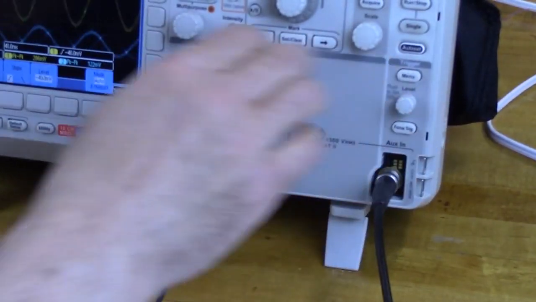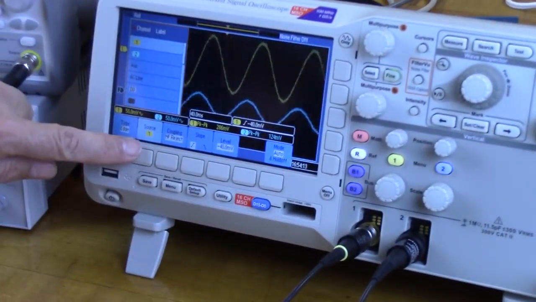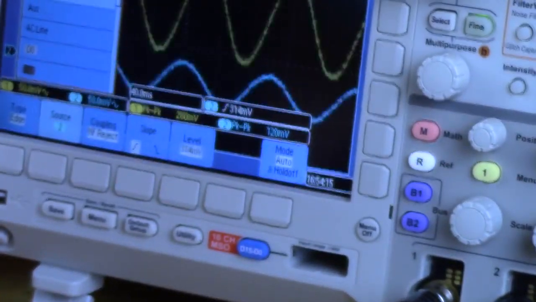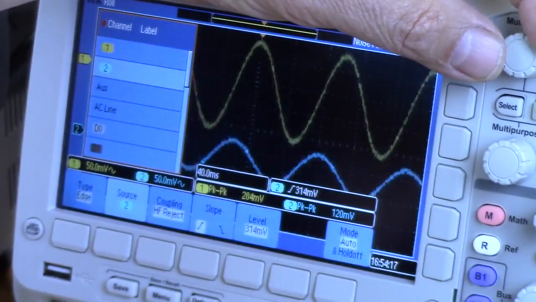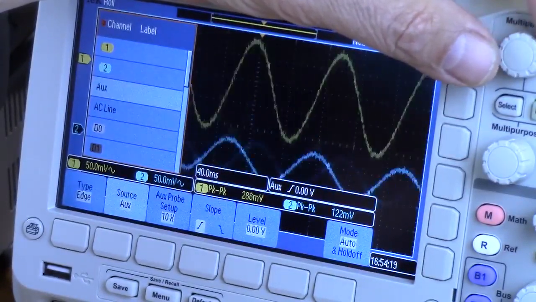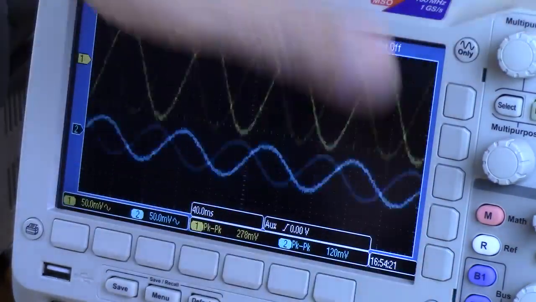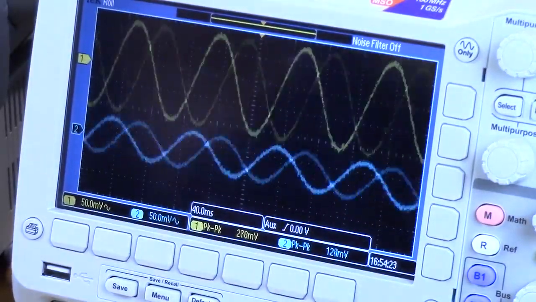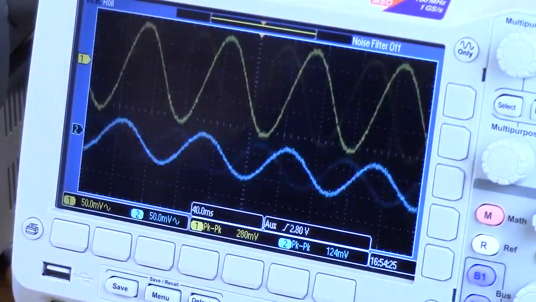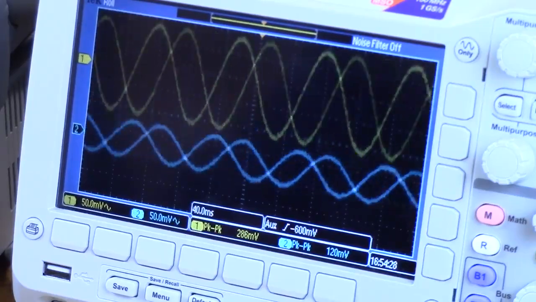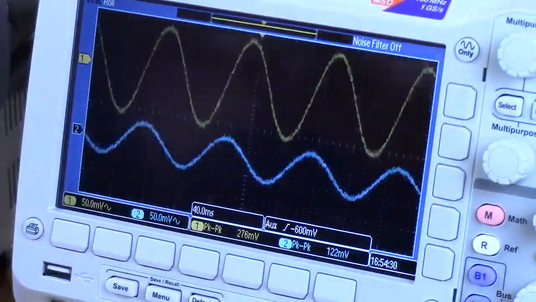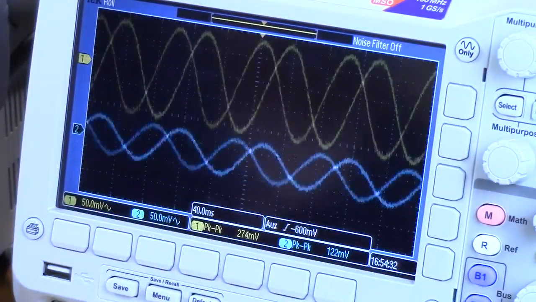And we're going to go to the trigger menu, and we're going to do source now. Yeah, there we go. Oh, okay. Oh, no wonder.